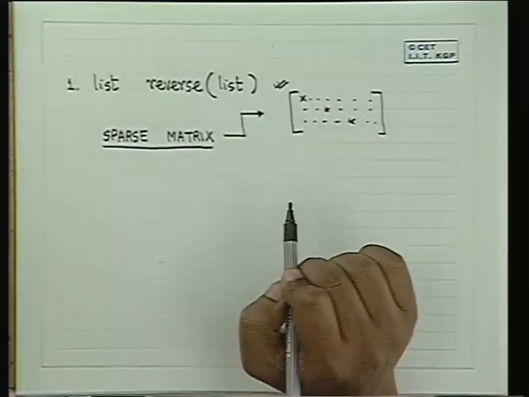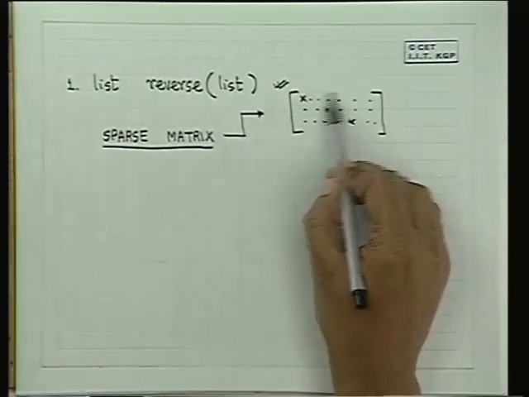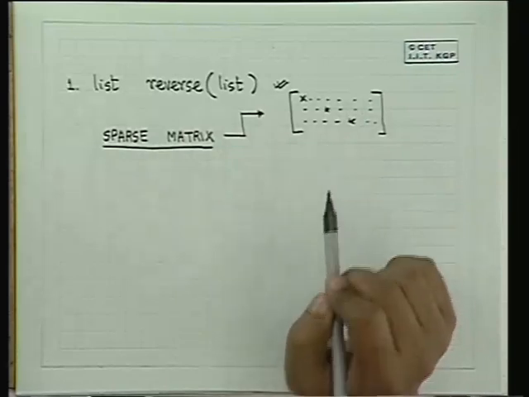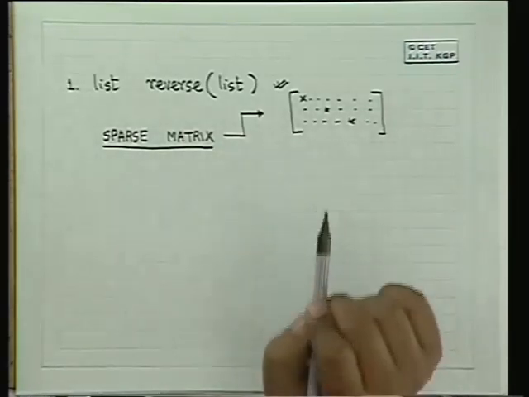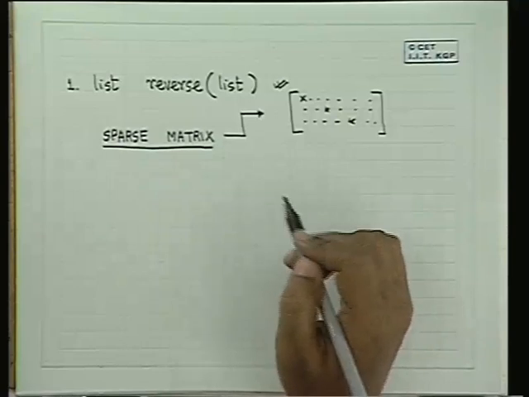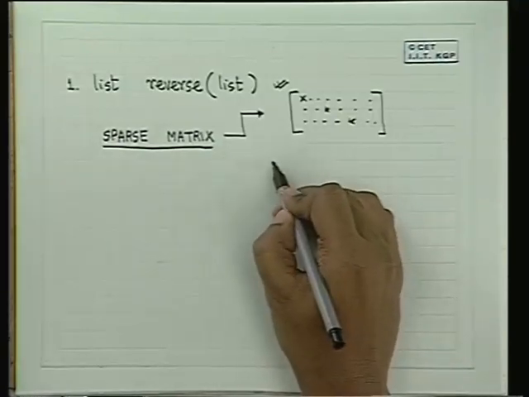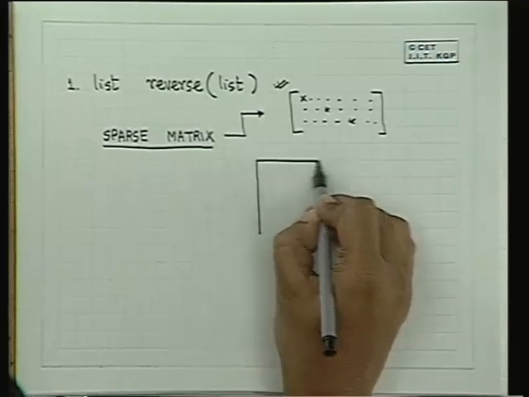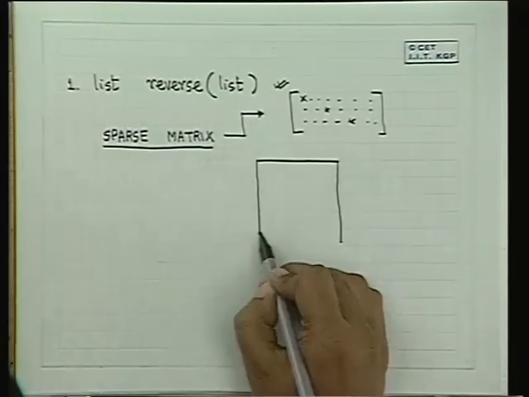But that is not what we want to do, because if it is a 5000 by 5000 array and I have only 2 or 3 elements, then how will I store it up? So the other option is to store only the elements. So how will I store only the elements? One method which all of us may know easily is we store up the elements in the following conceptual structure.